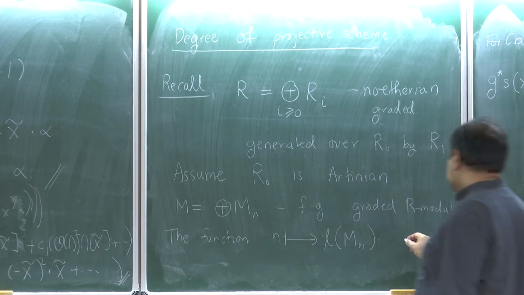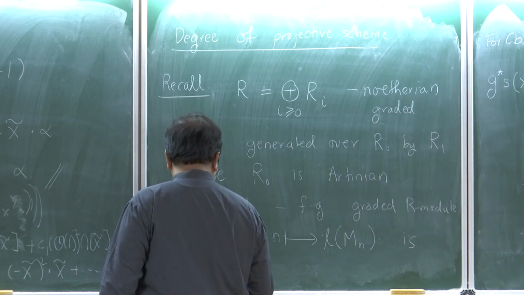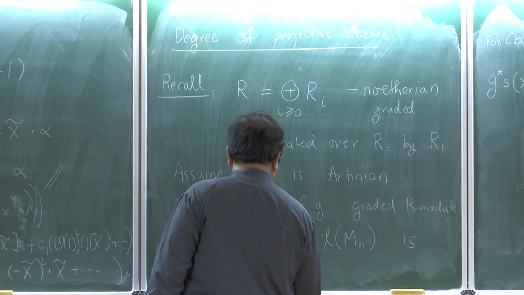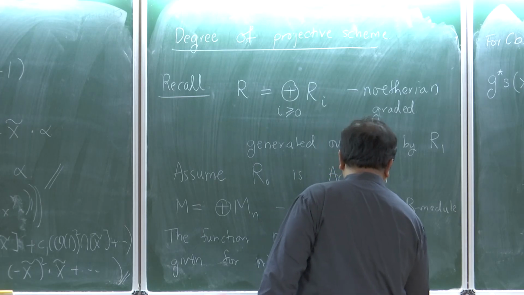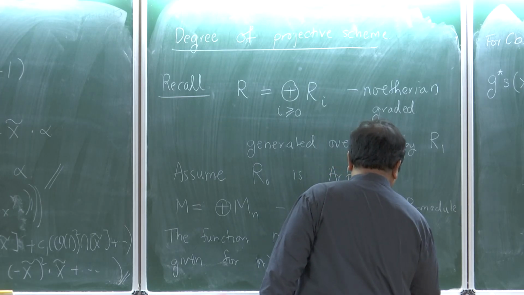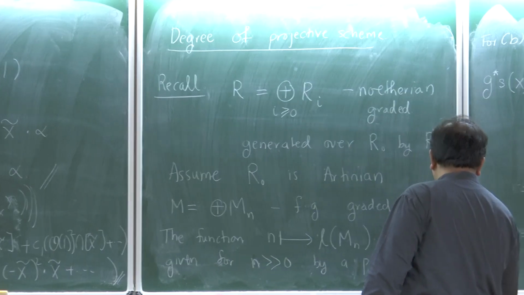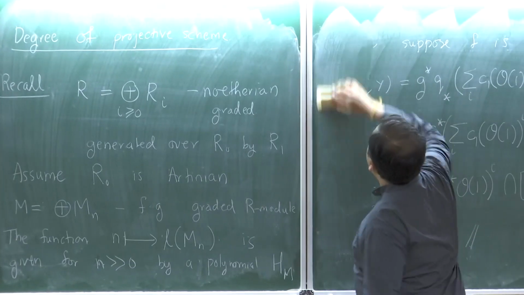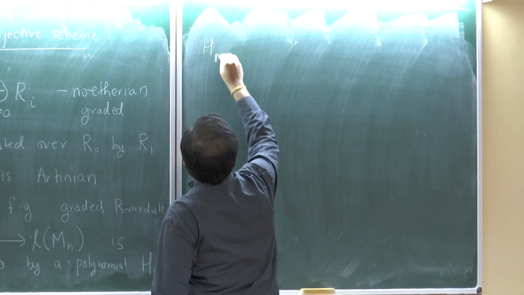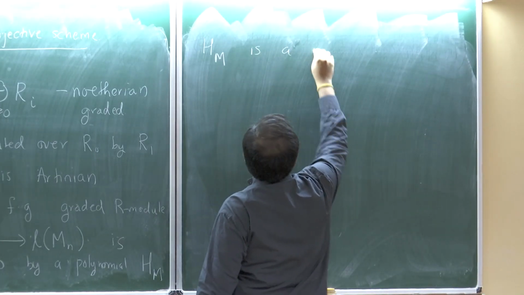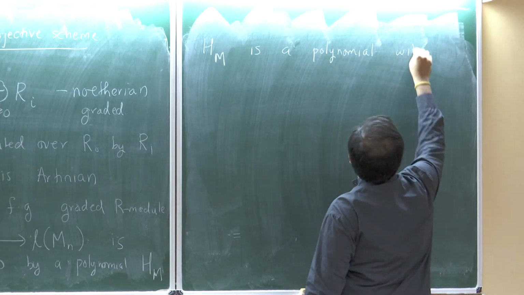So this is given, for n sufficiently large, by a polynomial which I will denote by H_M. So this is the Hilbert polynomial of M, and H_M is a polynomial with rational coefficients.